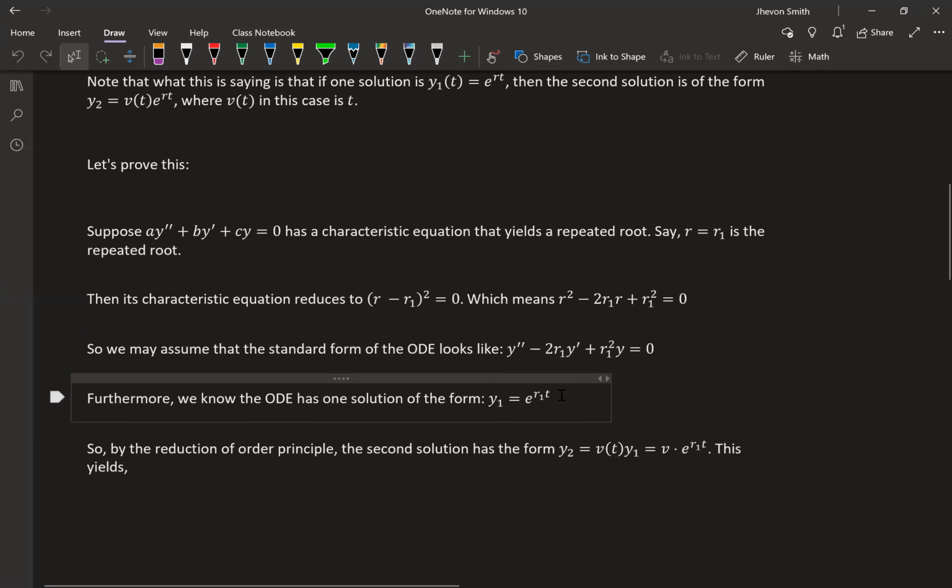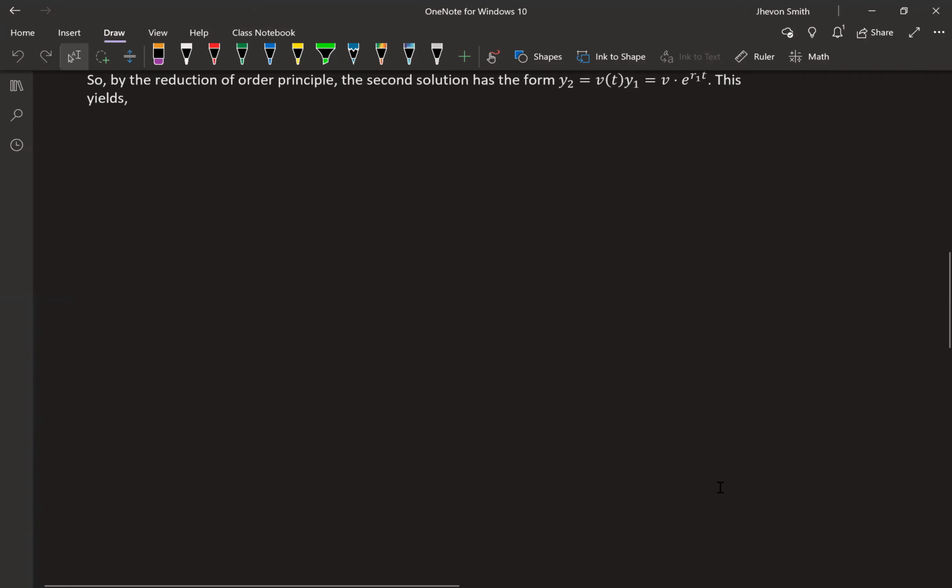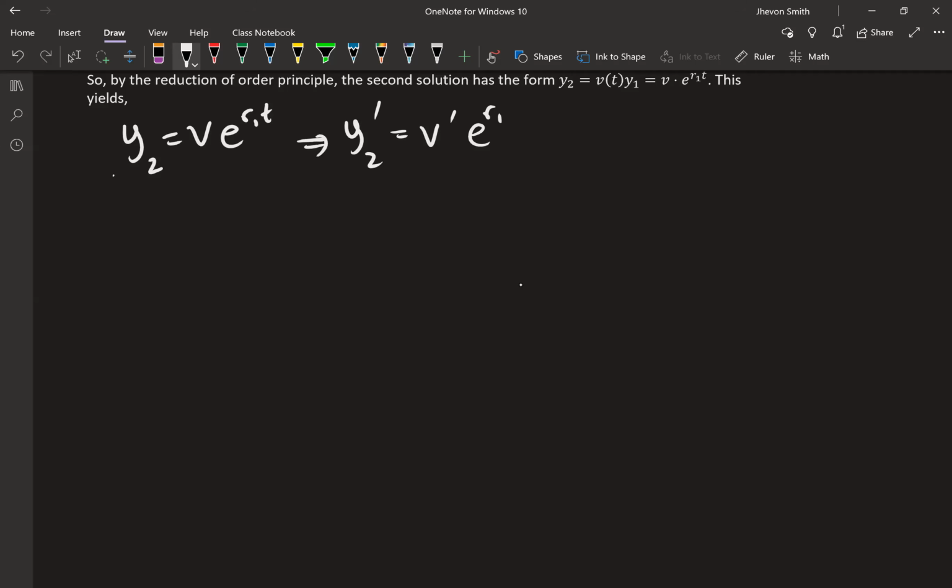Now, again, I know the first solution is going to be y1 equals e to the r1 of t. So by the reduction of order, I'm going to guess that the second solution looks like this, v of t times y1. In other words, it looks like v times e to the r1t. What can I derive from that? Well, if my y2 is v times e to the r1 of t, then that means that my y2 prime is going to be v prime e to the r1t plus, and let me use r here just so it's easier to write down.